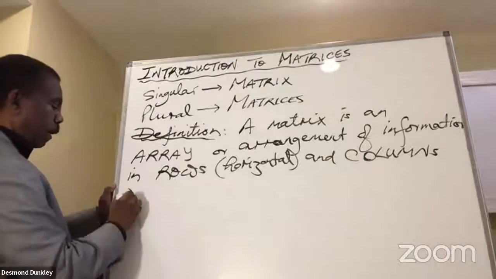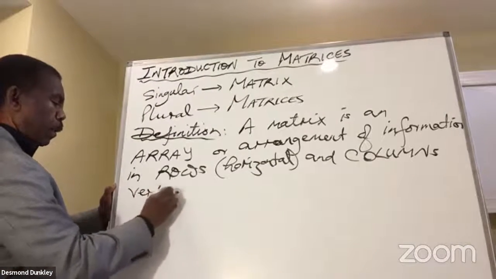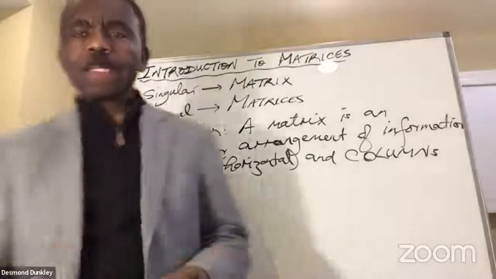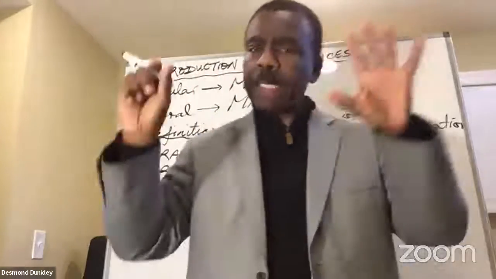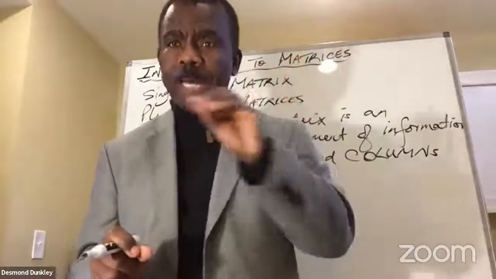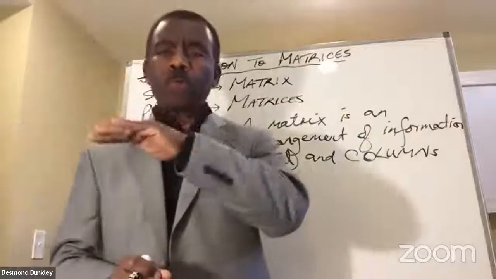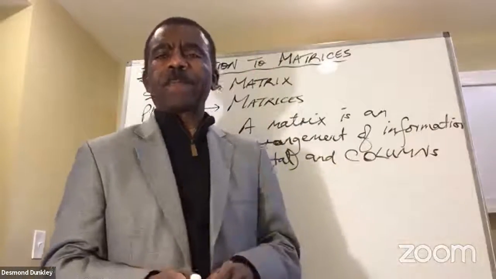And of course, columns are vertical. So that's it. A matrix is an arrangement or an array, A-R-R-A-Y, of data or information in rows and columns, okay?